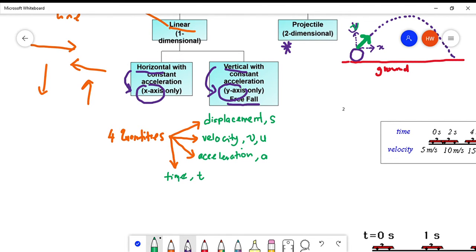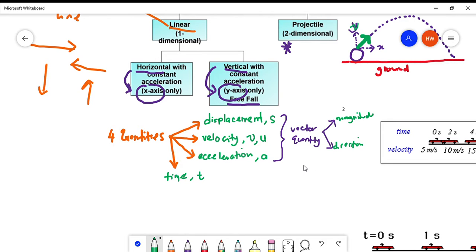The three quantities above, displacement, velocity and acceleration, are what we call vector quantities. When we say it is a vector quantity, it has two important characteristics: both magnitude and direction. Having magnitude means it has a value.